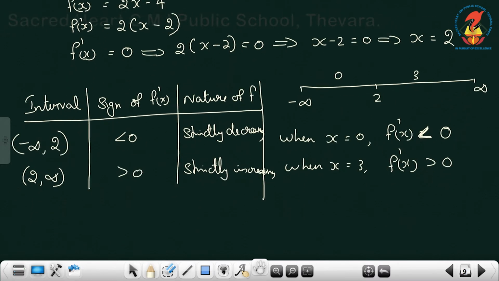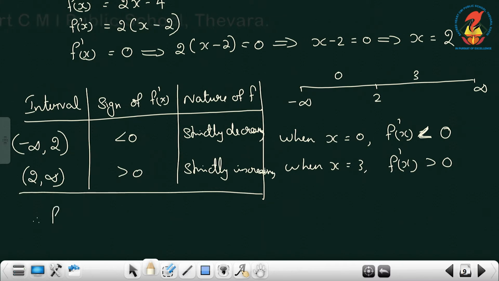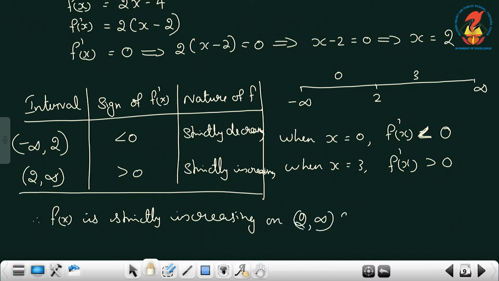Okay, so we can conclude, therefore f of x is strictly increasing on 2 to infinity, and it is strictly decreasing on minus infinity to 2.